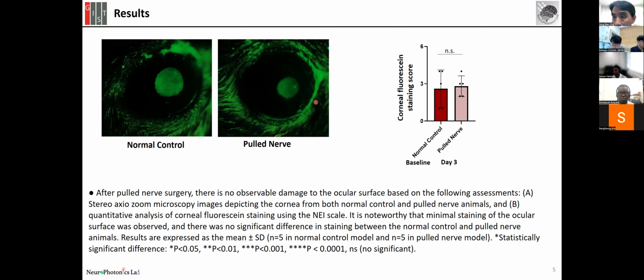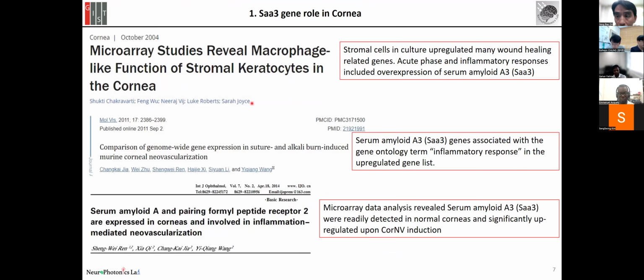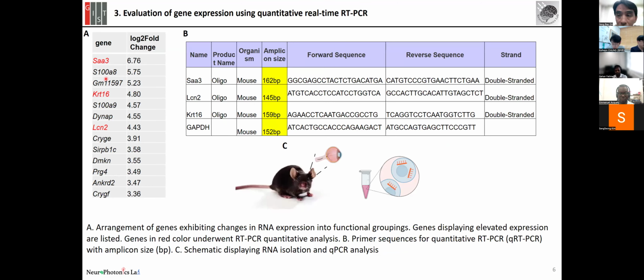For your real-time qPCR study, how did you select these 3 genes? For the 3 genes, you screened from the sequencing? This is the RNA sequencing. Okay, I see. From these, S100A8 and S100A9, why we didn't choose them is because they are very similar to SAA3.